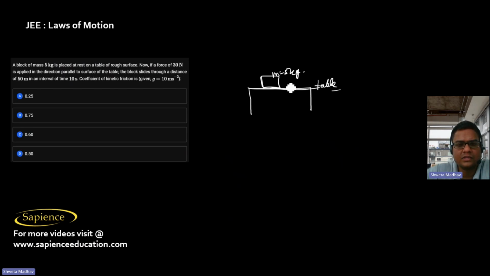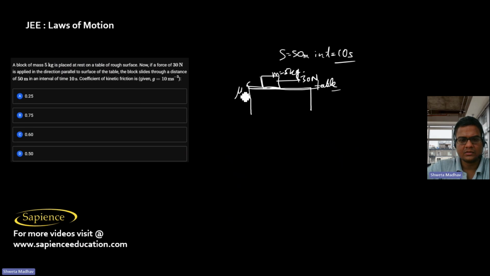Now if a force of 30 Newton is applied in the direction parallel to the surface of the table, the block slides through a distance of 50 meter in a time interval of 10 seconds. Then the displacement is 50 meter in time interval 10 seconds. So the coefficient of kinetic friction mu k is what we have to find out.